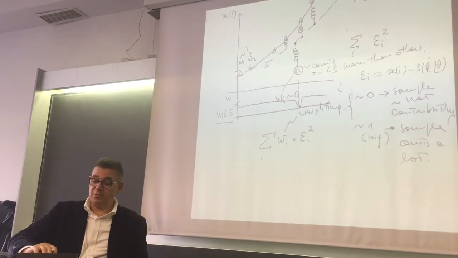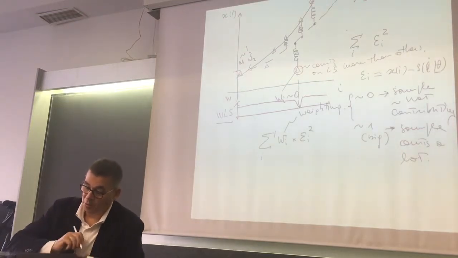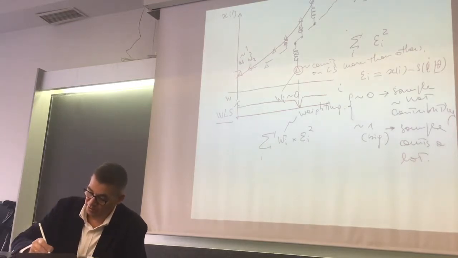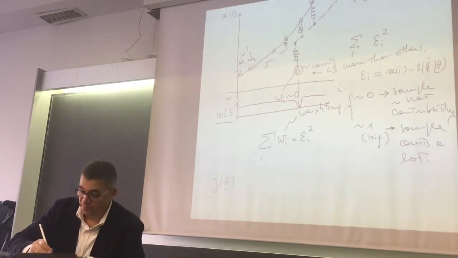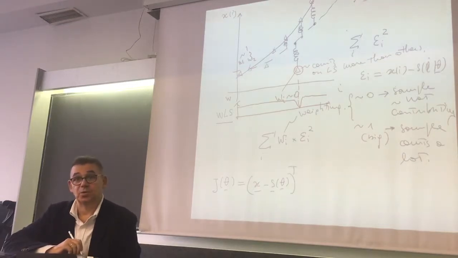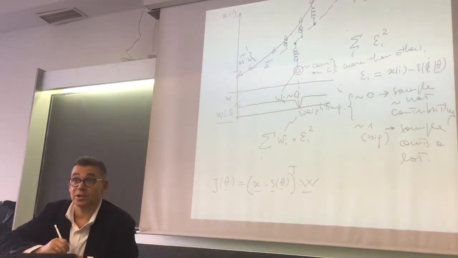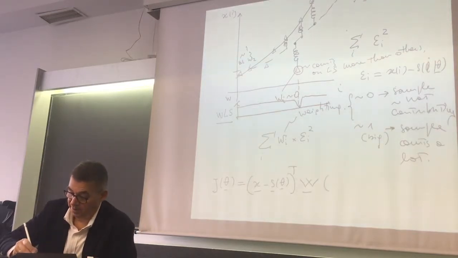It's kind of easy. I write the weighting factor in the following way. I can write J theta, the objective function, as x minus s theta, which is the error vector, with a transpose, but then I define a matrix W that is placed in the middle. Here I have x minus s theta.